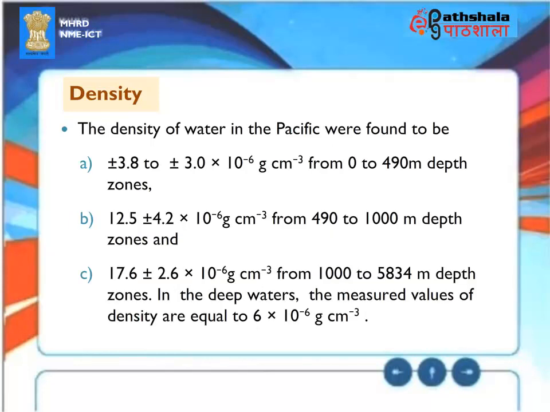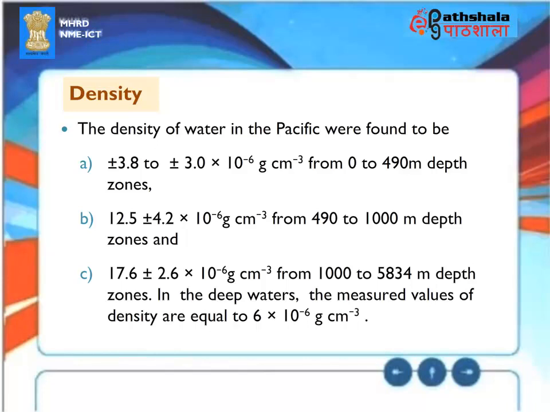The density of water in the Pacific was found to be ±3.8 to ±3.0 × 10^-6 g cm^-3 from 0 to 490 meter depth zones, 12.5 ± 4.2 × 10^-6 g cm^-3 from 490 to 1000 meter depth zones, and 17.6 ± 2.6 × 10^-6 g cm^-3 from 1000 to 5834 meter depth zones.